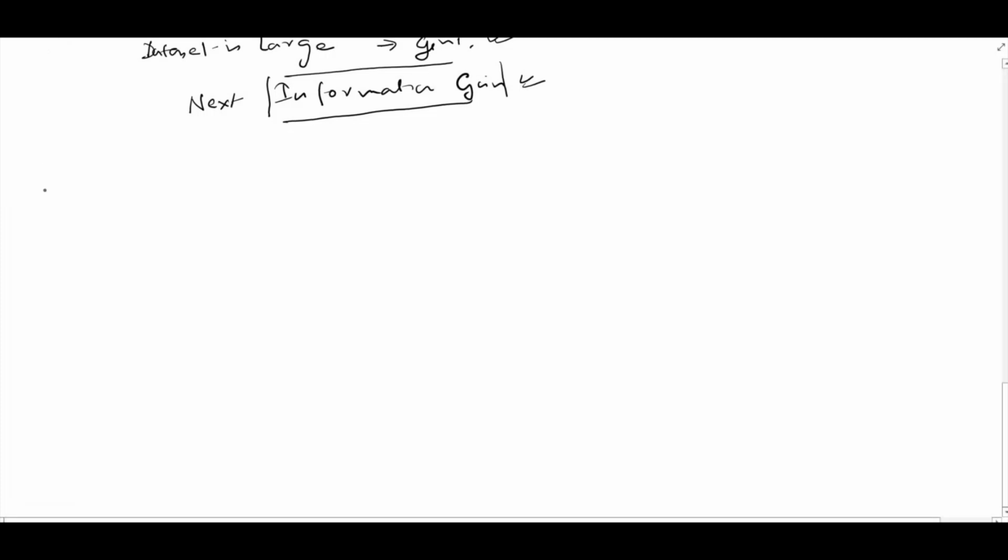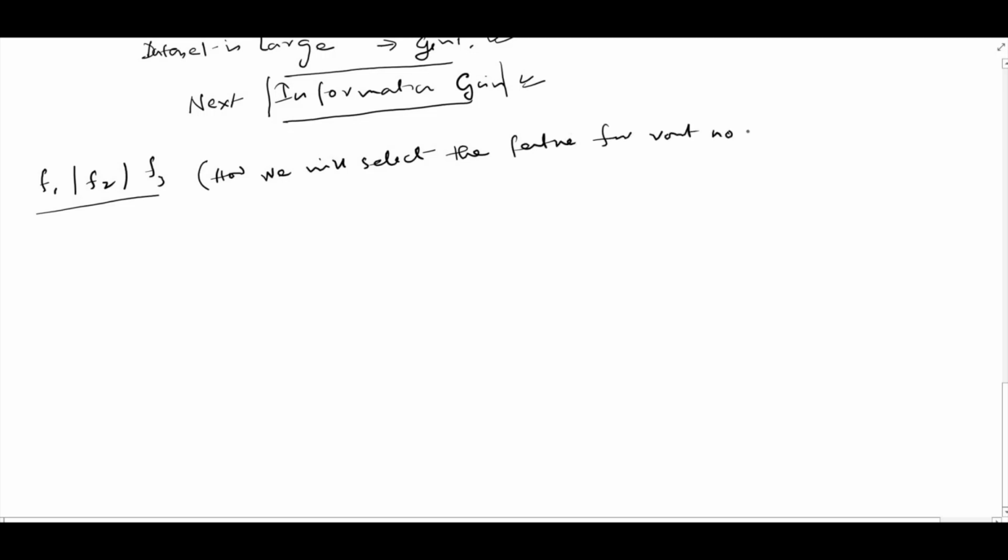Let's consider we have three different features, f1, f2, f3, and the question is how we will select the feature for the root node and then the next ones.